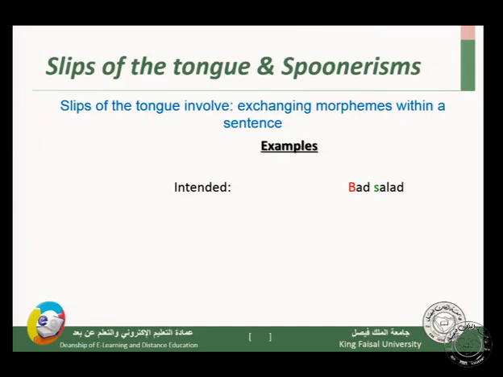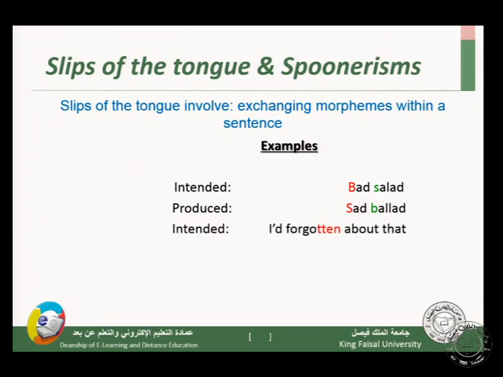So the speaker intended to say bad salad, but instead of saying bad salad, he said sad ballad. So this is a slip of the tongue. How does this help us in understanding language processing? We're going to see this in a minute.